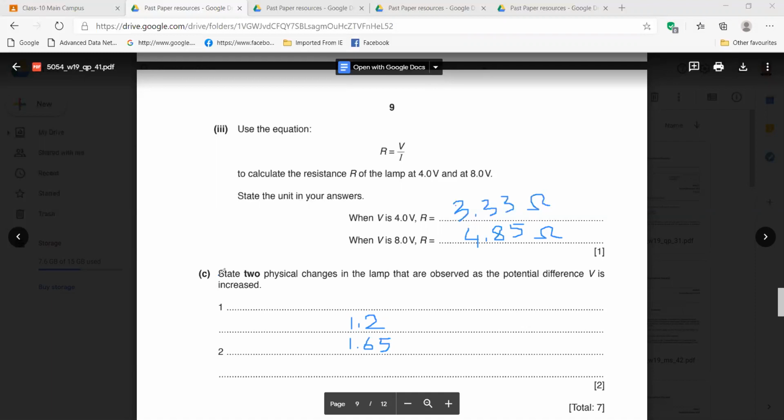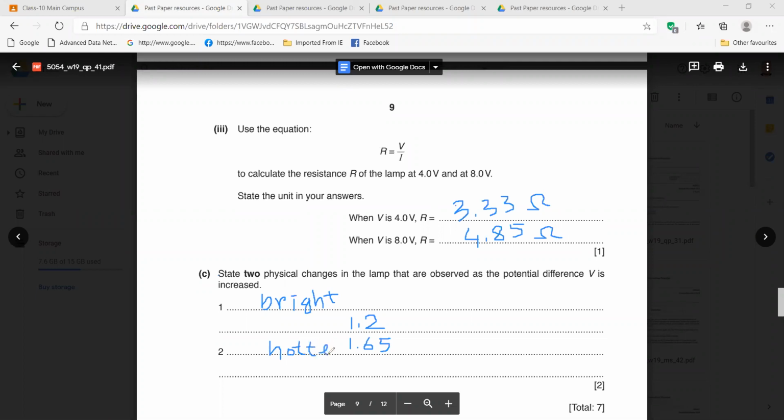First of all, the lamp brightens, the light gets brighter, and second, it gets hotter, there's more heat on the lamp. Okay, we are writing it: it's brighter. Then second is what? You are saying it's becoming hotter, right? Temperature rises. Very good. Temperature rises.